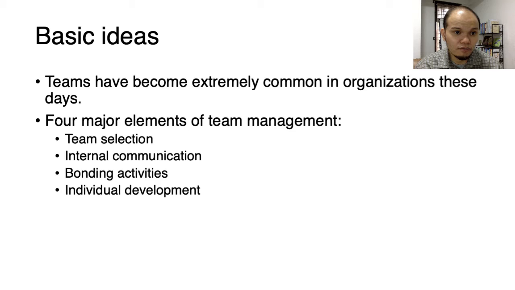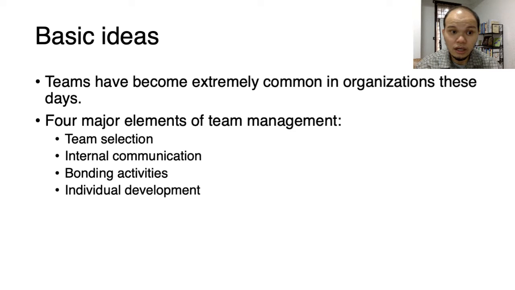Okay, and for this particular lecture, we will examine four major elements of team management. Okay, team selection, or selecting the members of your team; internal communication, how communication happens within a team; bonding activities or team dynamics, where you take a look at how you help your team grow and thrive as the days go by, as the team continues to exist over time; and lastly, individual development in relation to the entire team.